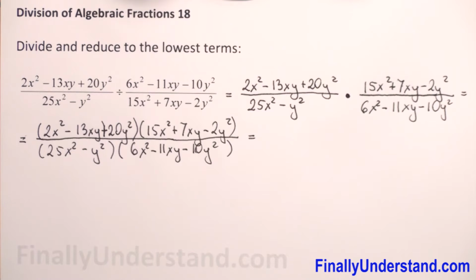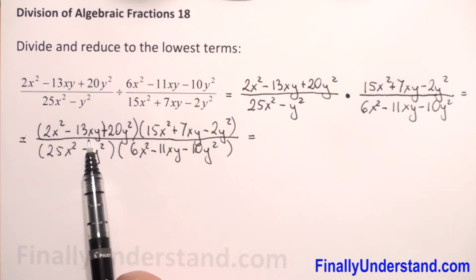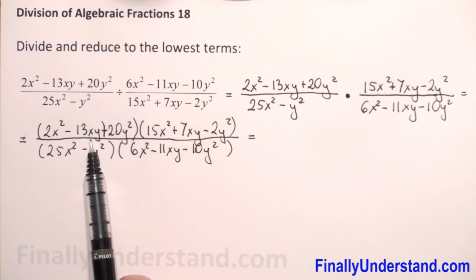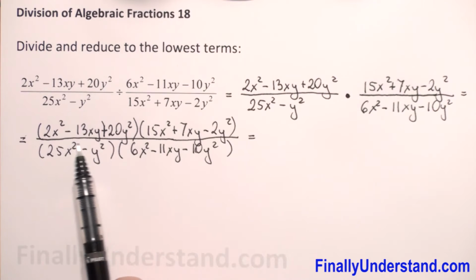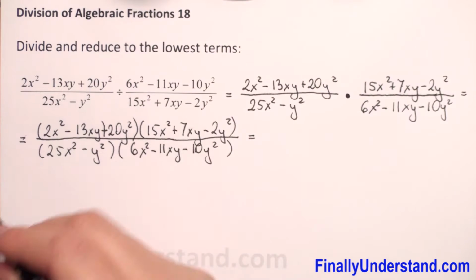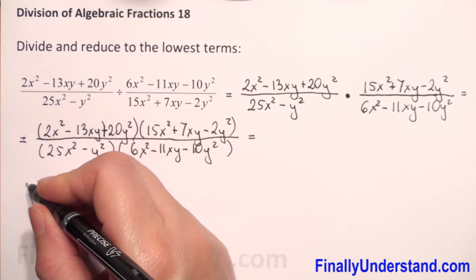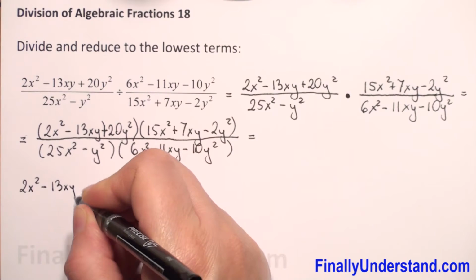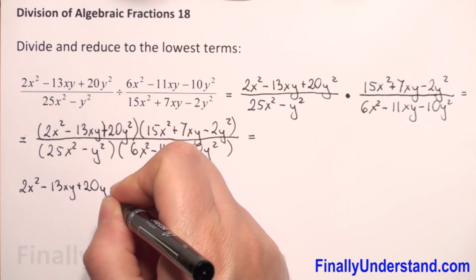In the parentheses we have x squared and we have x. So we will treat this expression like a trinomial and we will use the grouping method to factorize. So let me copy this expression. We have 2x squared minus 13xy plus 20y squared.